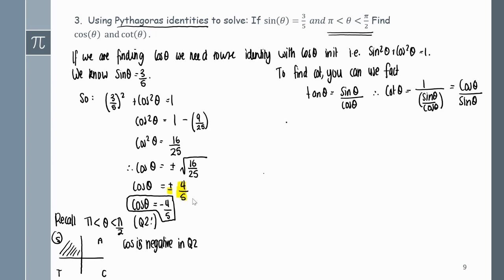Now, I have a value for cos. I also have a value for sine. Cos was minus 4 over 5, so I can put that on the numerator.